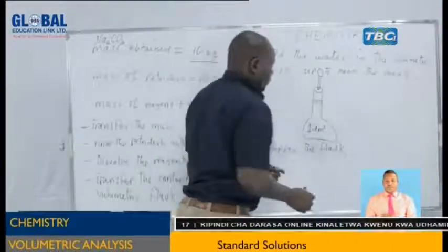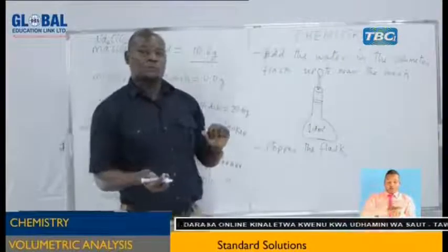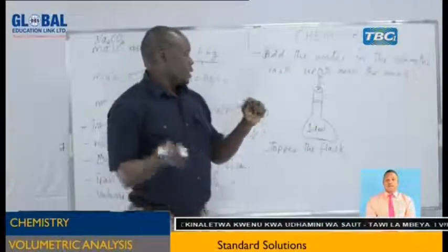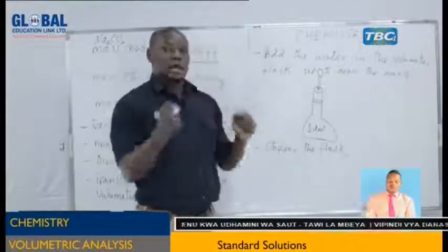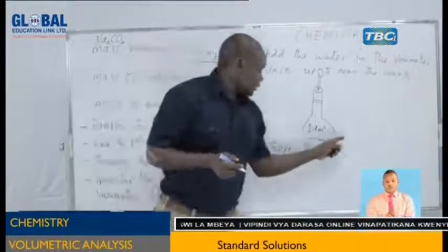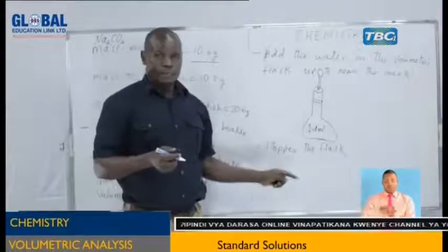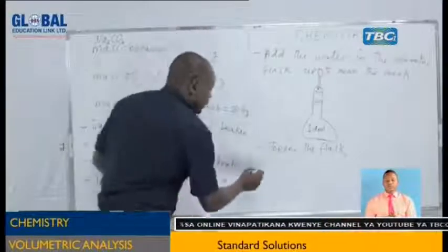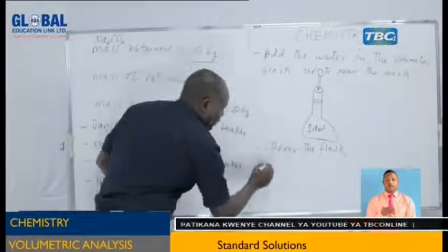Then after stoppering the flask, you have to turn it upside down to ensure homogeneity of the solution. From there, you can label your solution.